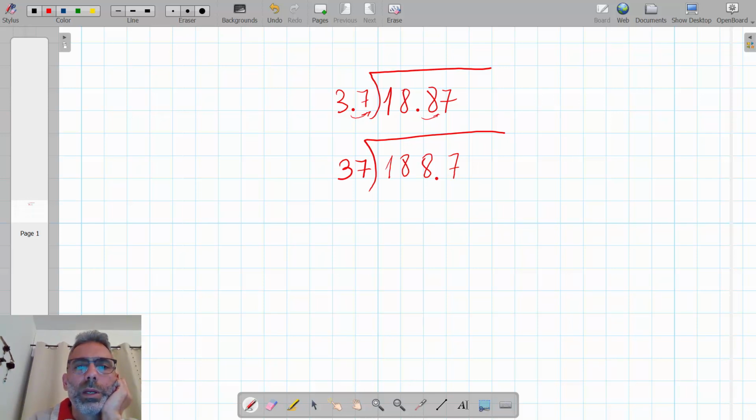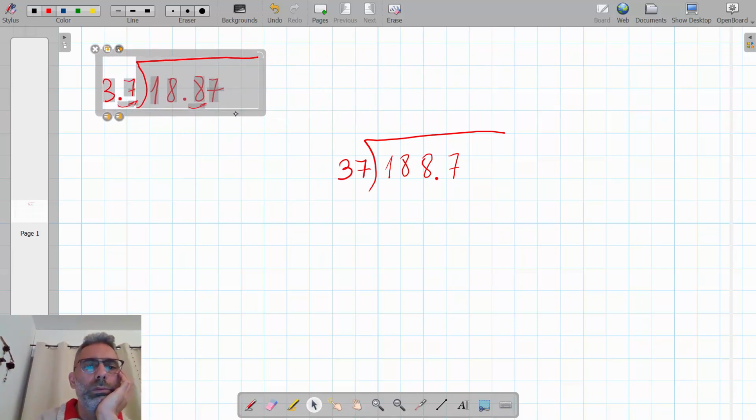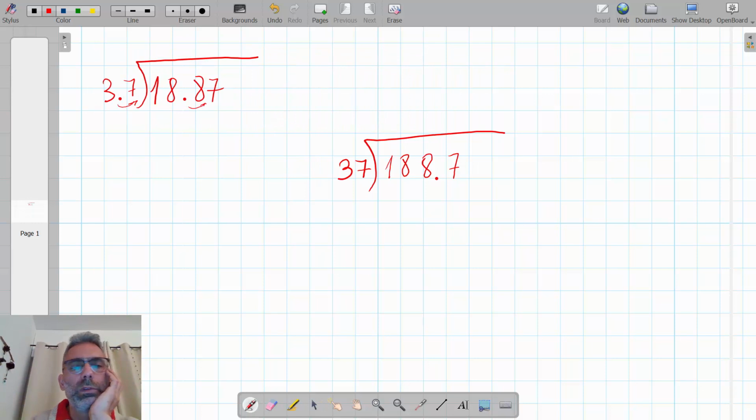Basically, I multiplied the divisor and the dividend both by 10. Okay. Let me just move it. So I can solve it now.